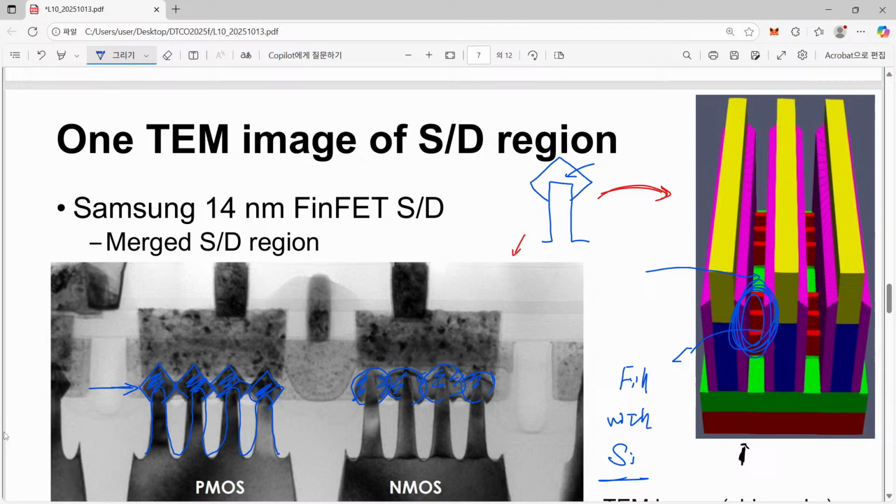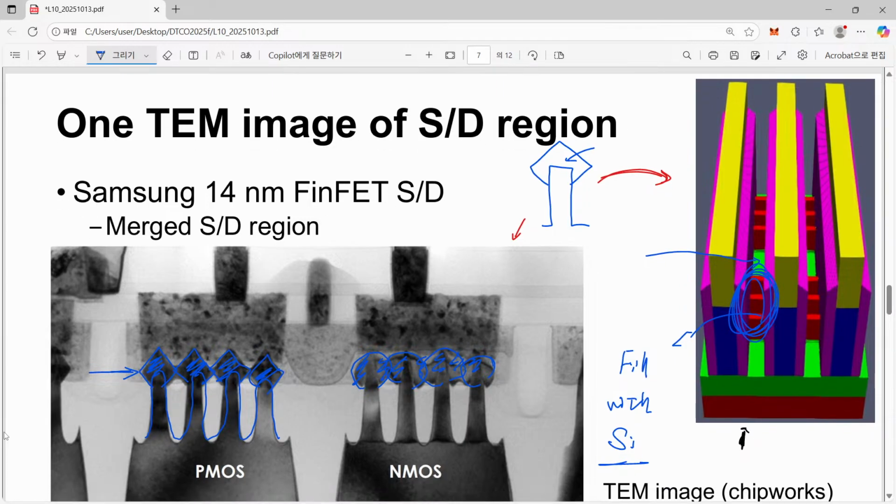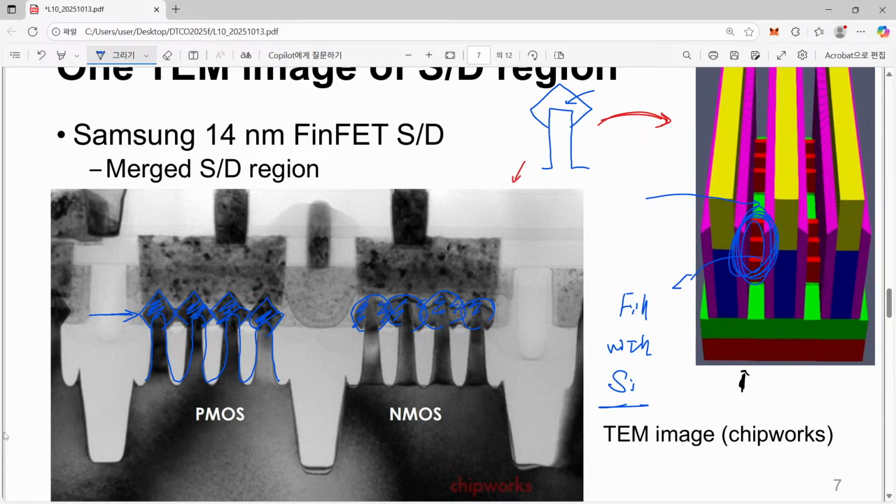From now on I will talk about how you can actually do it, but it will take multiple lecture slots. But before talking about this, I wanted to mention this issue, merged source drain. So you know that there are 1, 2, 3, 4 fins, and also 1, 2, 3, 4 fins.